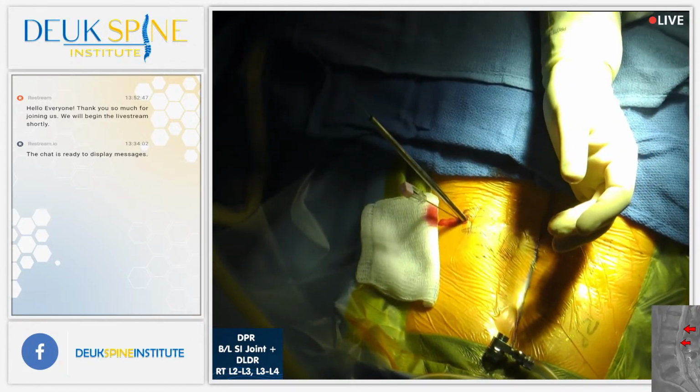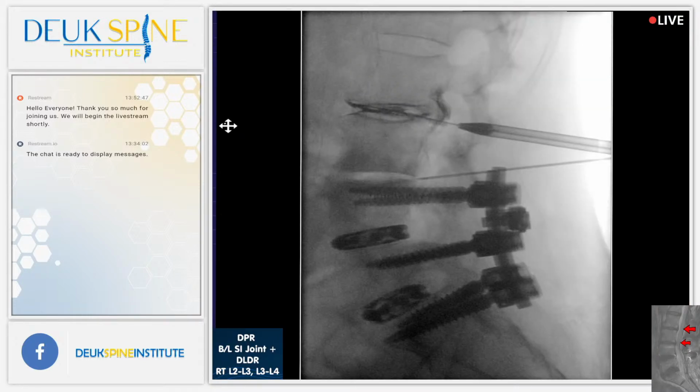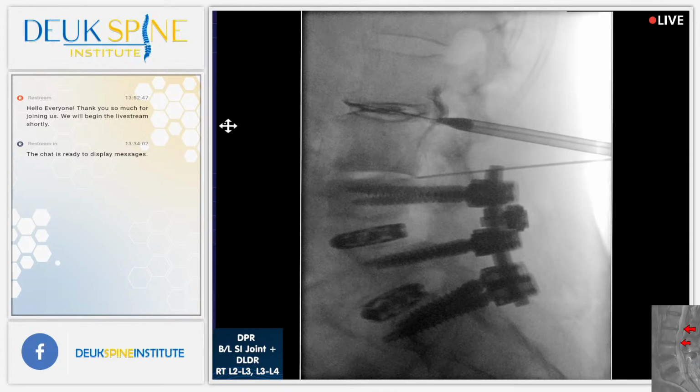Any questions? No current questions. All right, great. Everything's going well for her at this point, and she's sleeping comfortably. Thought I could get it, but no. There's just some calcified disc there.